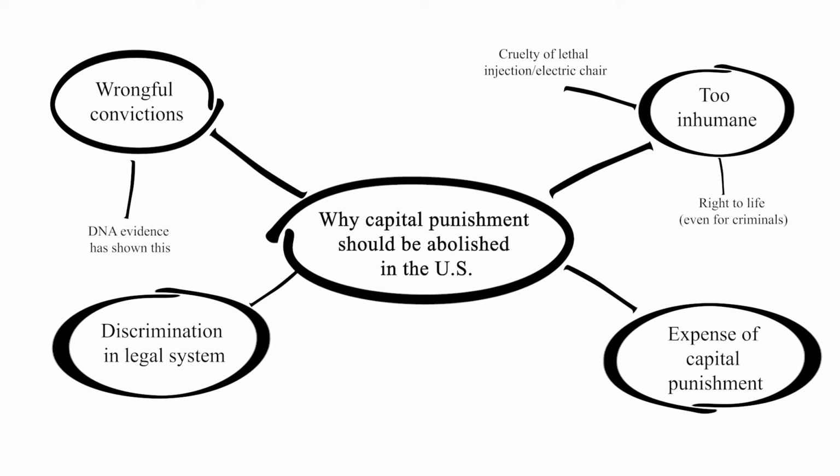I could talk a little bit about ways that people are discriminated against in the legal system for their race, their ethnicity, their gender, etc. Could do some research on that. And I also remembered the Central Park 5 case, which was a particular case where discrimination came into play. And then for expensive capital punishment, I couldn't really think of anything right now, but that's okay. I'm pretty sure with research, I could come up with some supporting points for that.